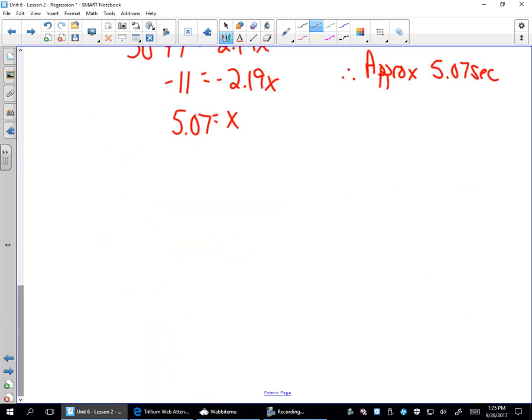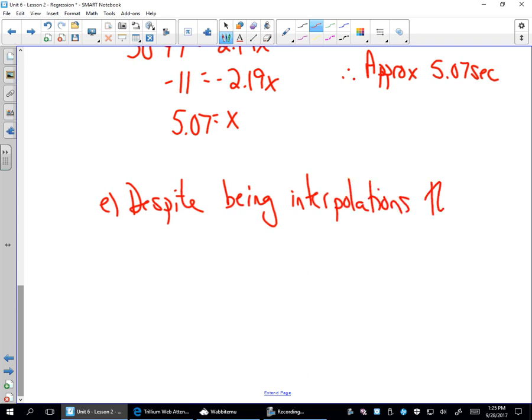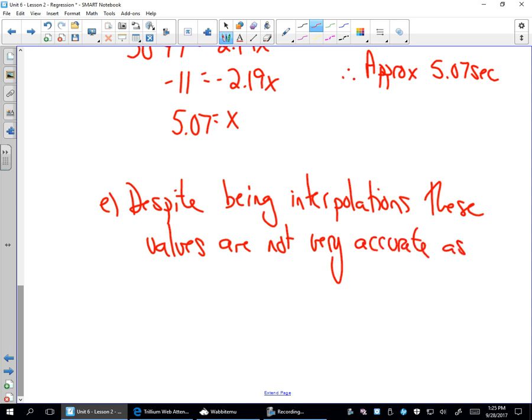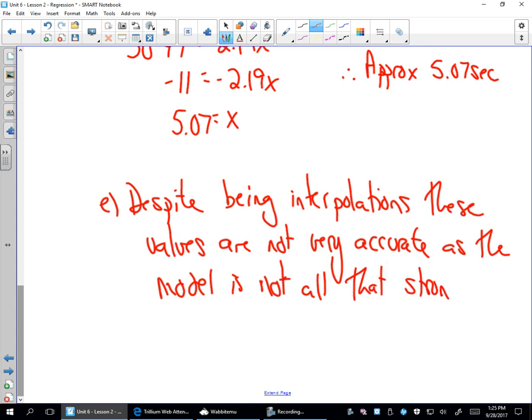So despite being interpolations, these values are not very accurate, as the model is not all that strong. Okay? We want a strong model to make good interpretations. Okay? At least 0.75 or higher is what I would say.